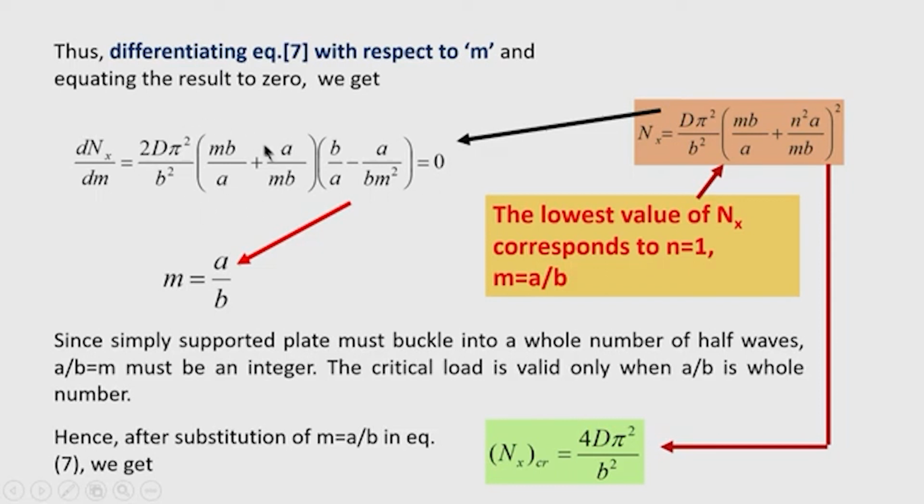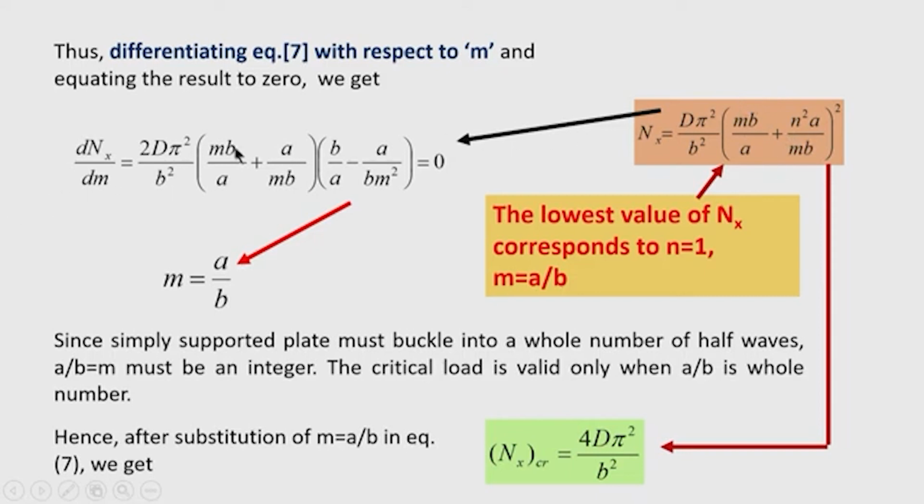Okay. Now, after differentiating we get this: 2 D pi square by b square into (m b by a plus a by m b) into (b by a minus a by b m square). How m square is coming? Because here it is 1 by m. If you differentiate, first you differentiate the quantity inside the bracket.